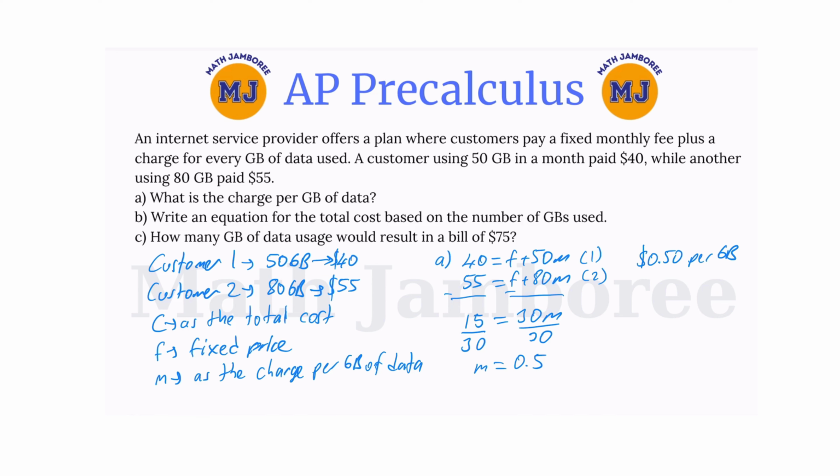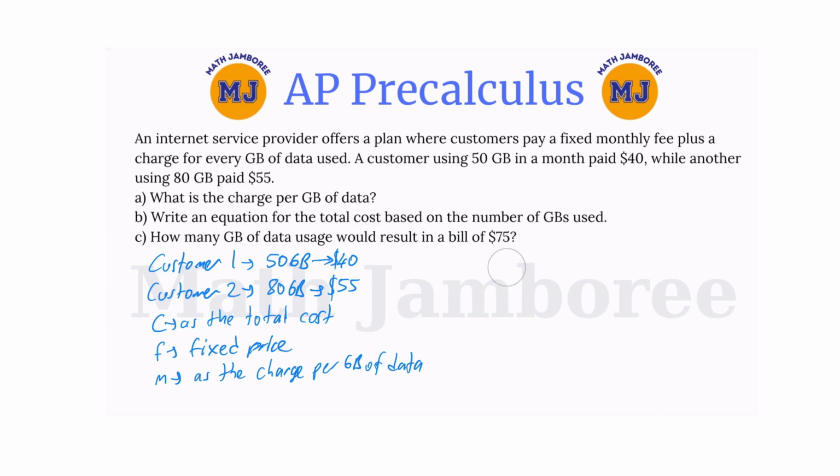To continue with the other solutions, I'm just going to erase this section so that I would have space. Write an equation for the total cost based on the number of data usage.